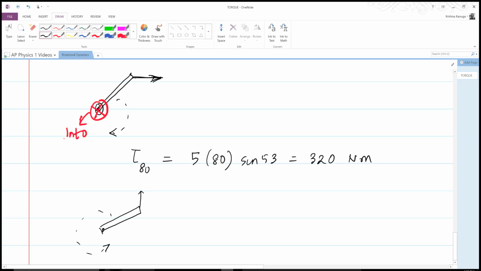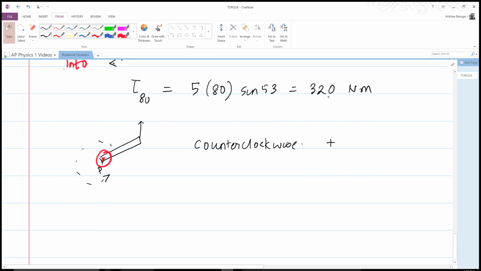The best way to see it is to hold a ruler or something in your hand, pivot the ruler at one end, and try to pull it up, and you'll see that it leads to a counterclockwise rotation. Which means that the torque itself is pointing out of the plane of the paper. This tells us that this is a positive torque.